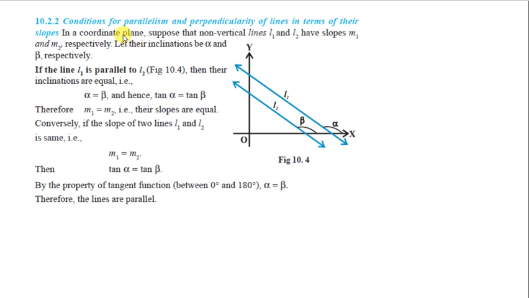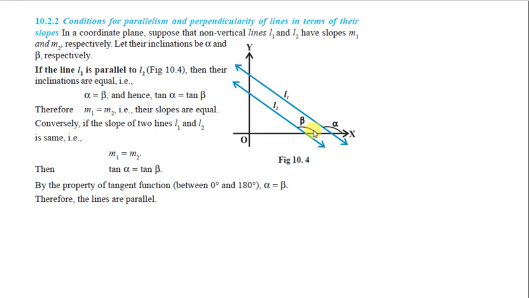Now what is the condition for parallelism and perpendicularity of lines in terms of their slopes? Now suppose L1 and L2 are parallel lines, making angles alpha and beta with the positive direction of the x-axis measured anti-clockwise.